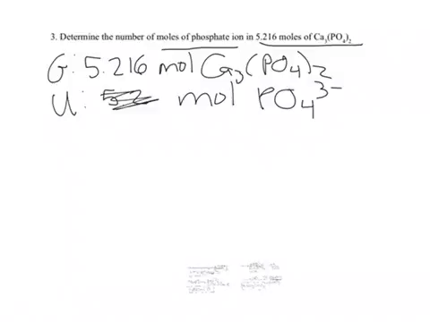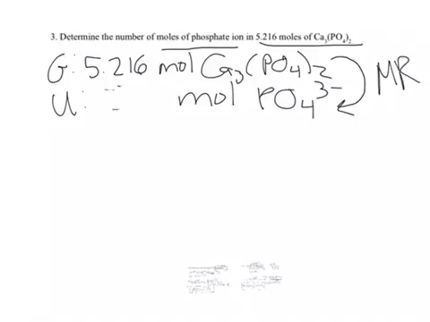All right, because I am going from moles of one substance to moles of another substance, converting from substance A to substance B, that is when I need my mole ratio.